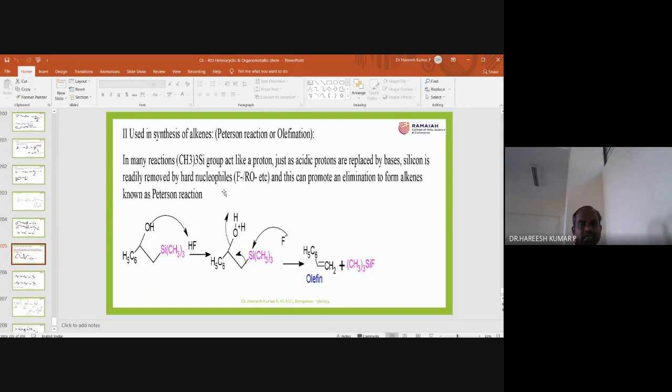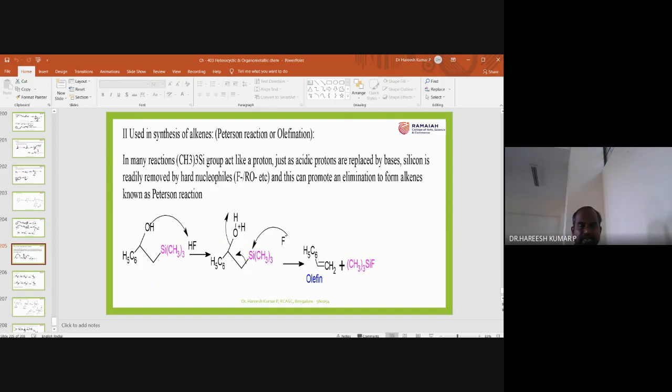This reaction is called Peterson reaction. So what you need to write: beta hydroxy containing silyl compounds undergo elimination reaction in presence of H plus, giving rise to alkene. This type of reaction is called Peterson olefination reaction.